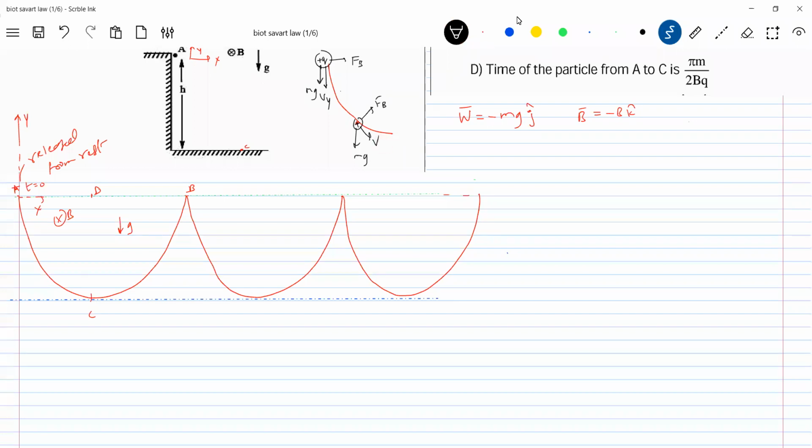Now at any instant of time, what will be the velocity of the particle? Let me take V here. So somewhere here, the velocity of the particle will be Vx i cap minus Vy j cap. So that is the velocity of the particle at any instant of time.